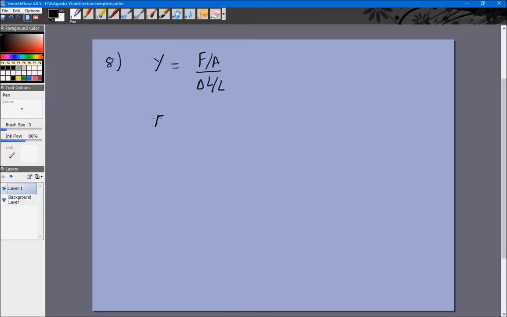So we'll get F by A1, which will be pi times 4r squared, into L by delta L. L will be 2L by delta L1, whatever it is. This will be the same as F by pi r squared for the second one, L by delta L2.